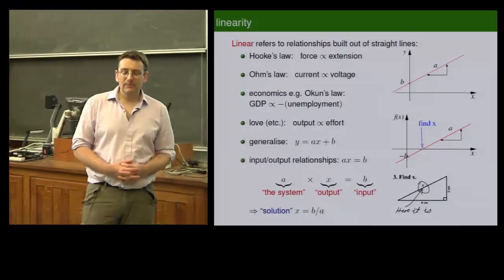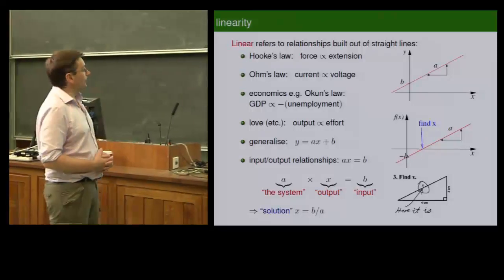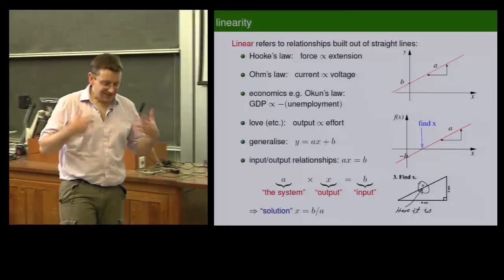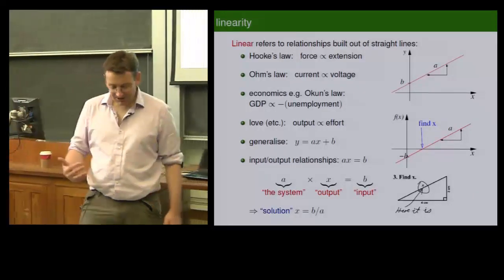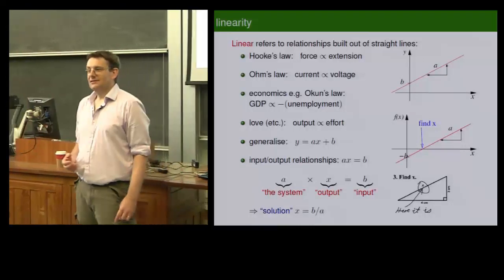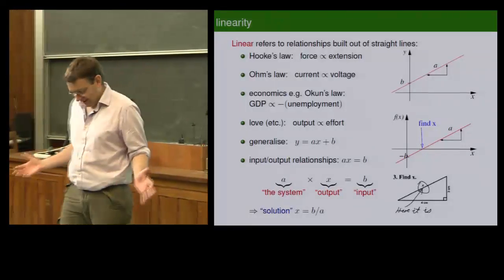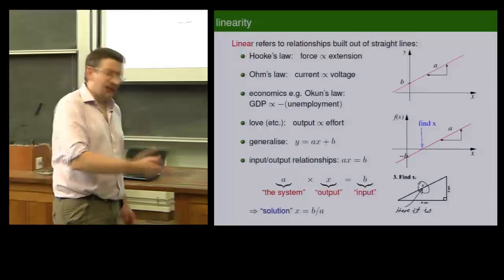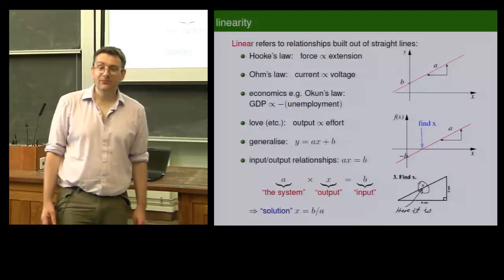So essentially, the more people in work, the more money a country will make. Love, etc. You know, there's this belief in human relationships: the more we put into our relationship, the more we will get out. There's this view of social dynamics that the more I try and convince you, the more likely you're going to agree with me.